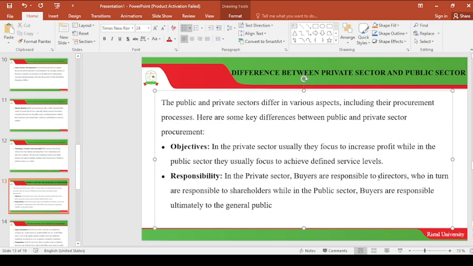You have to report to the directors. But in the public sector, you are responsible to the general public. You have to prove to the general public the services and the expenditure that have gone into a particular procurement activity under public procurement.